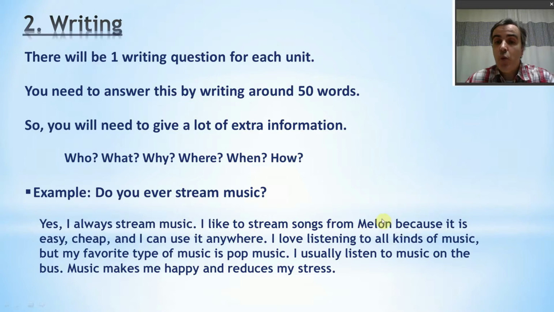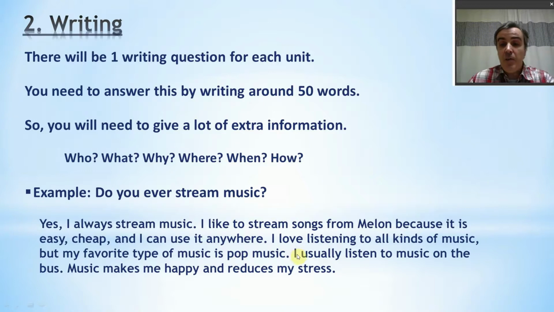So we've answered where, and then we answered why do we use Melon. So there's two extra pieces of information. Next one, what kind of music do I listen to? I love listening to all kinds of music, but my favorite type of music is pop music. So there's a little bit of extra information. What kind of music and what is your favorite kind of music?